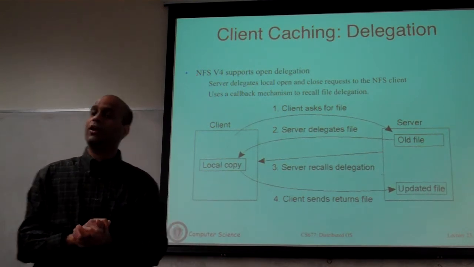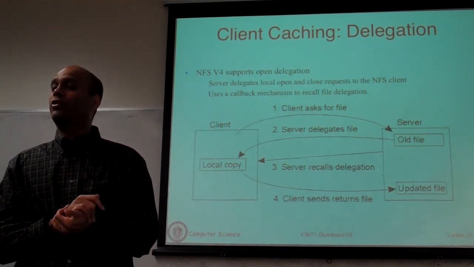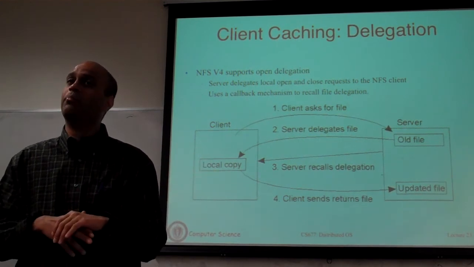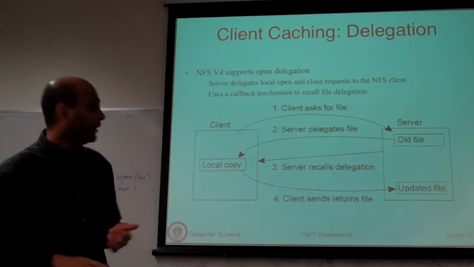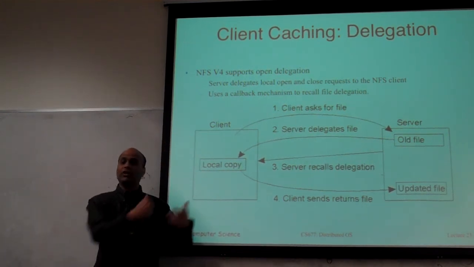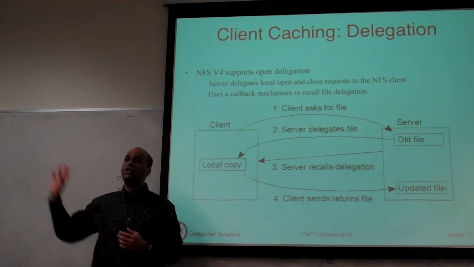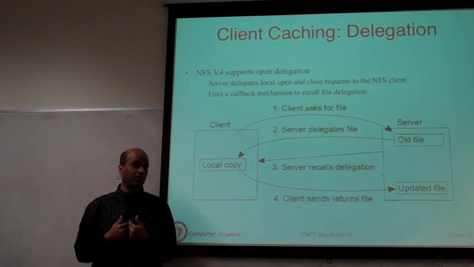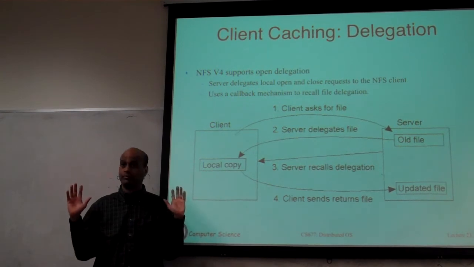The question is, how does the fact that you can do delegation impact scalability? On the one hand, if you start offloading a lot of responsibilities to the client, saying you deal with file A, you deal with file B, you deal with file C, lots of the accesses are local, so there's less load on the server. So you can scale more.